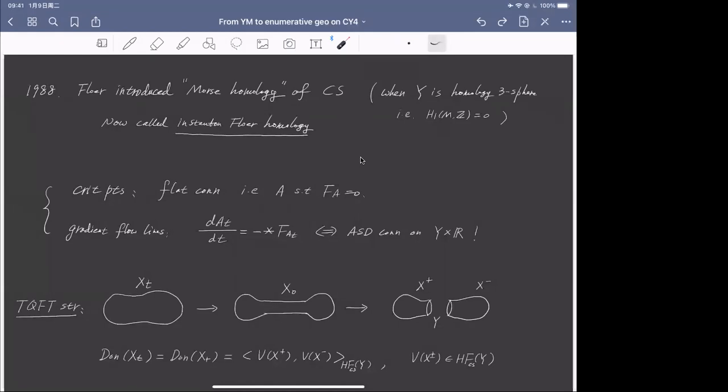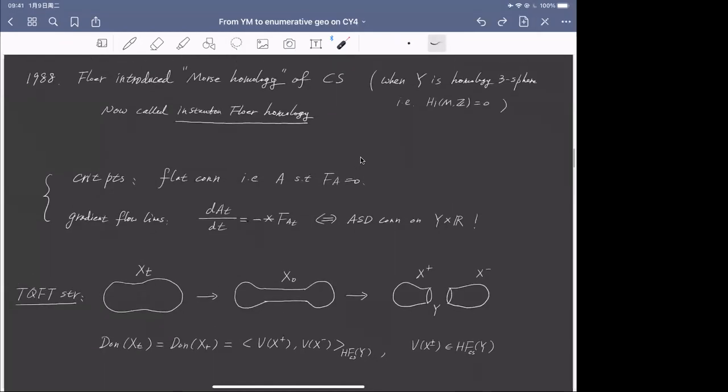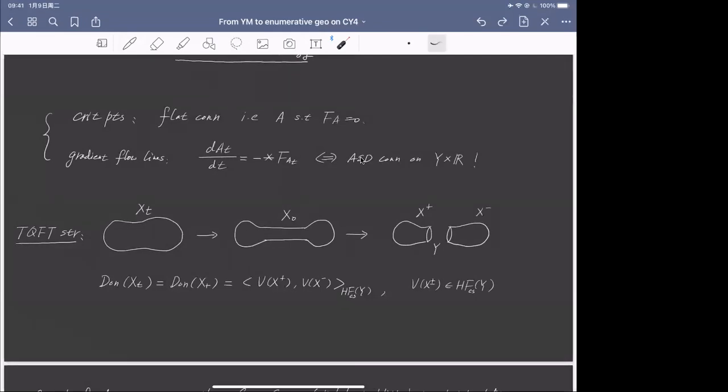So let's recall, on a closed, maybe oriented four manifold, we have this Donaldson invariant, although I didn't give you the definitions. So the Donaldson invariant is a count of anti-self-dual connections on X.